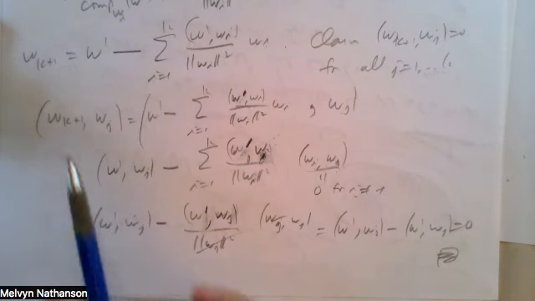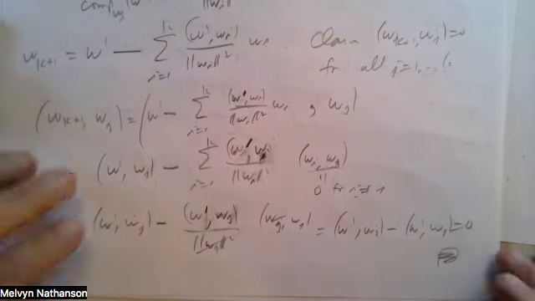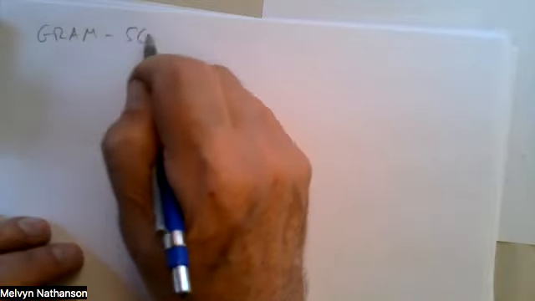This vector WK plus 1 is perpendicular to every vector in my orthogonal set.